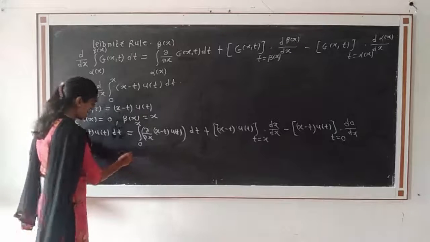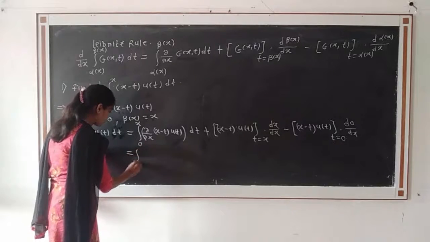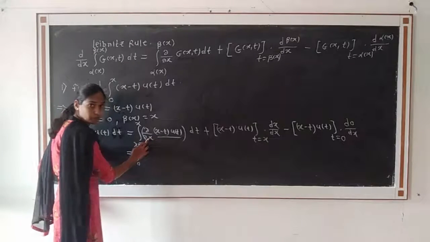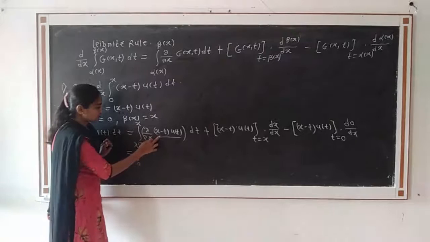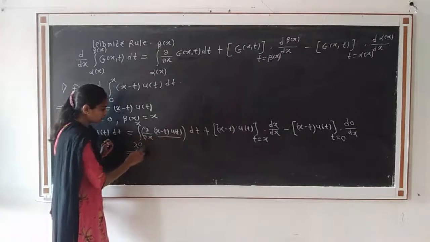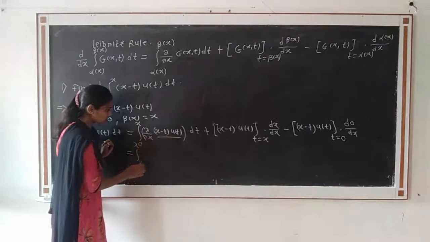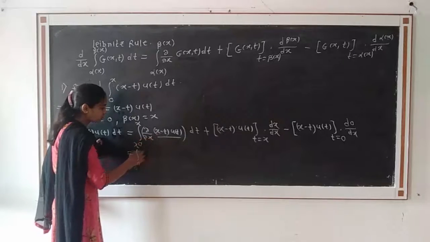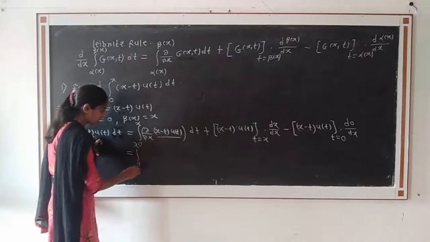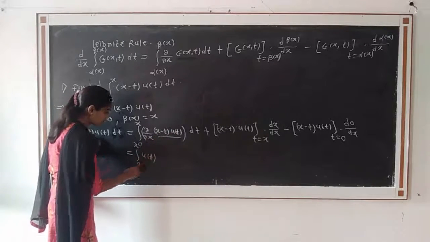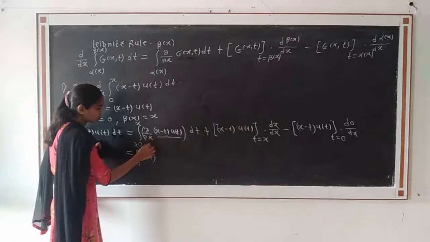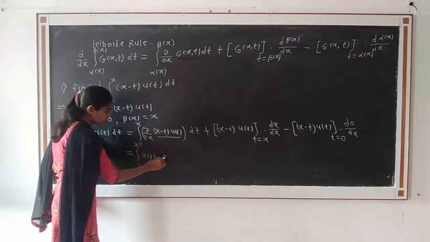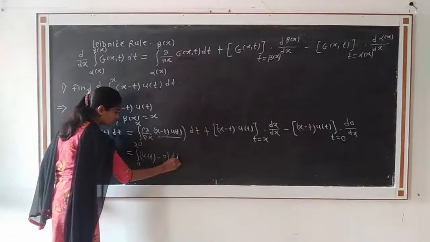Then we solve this integration from 0 to x. We have to partially differentiate this function with respect to x. The function is (x minus t) into u of t. If we partially differentiate this with respect to x, then the derivative of x with respect to x is 1, into u of t, and the derivative of t with respect to x is 0, that is minus 0, into dt.